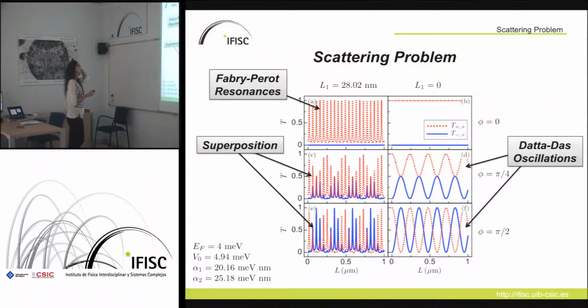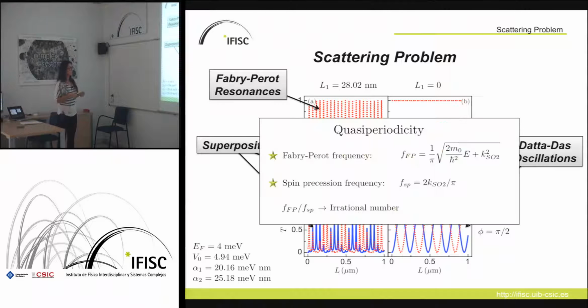What we have to see here is that when we have the superposition of both oscillations, the probability transmission becomes quasiperiodic. Quasiperiodicity requires at least two oscillations whose characteristic frequencies are incommensurable, and the ratio between the two frequencies gives an irrational number.